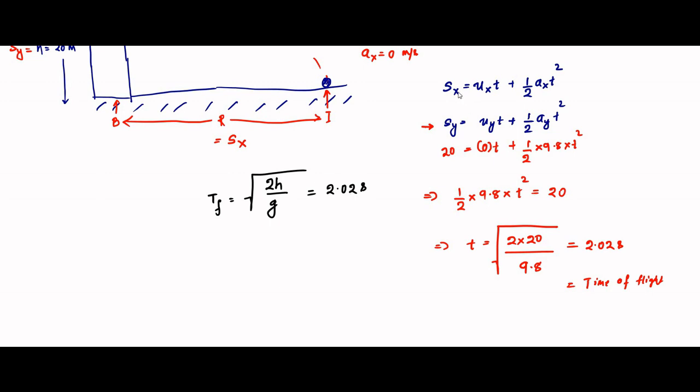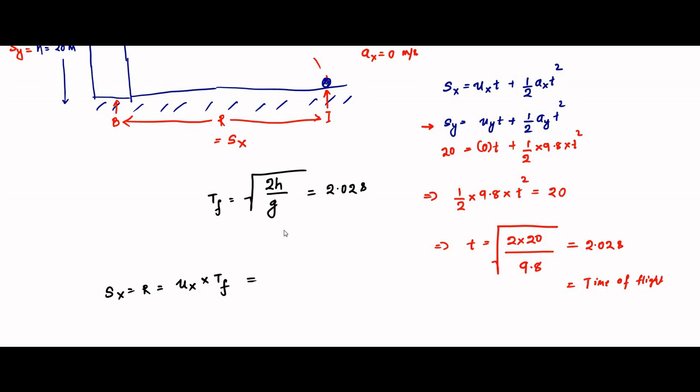We have calculated that. Next we'll come to this. Sx, which is the horizontal range or horizontal distance covered from the base of the building until the point where the stone hits the ground, is simply the horizontal velocity multiplied with the time of flight.